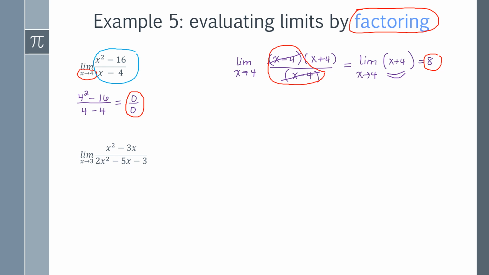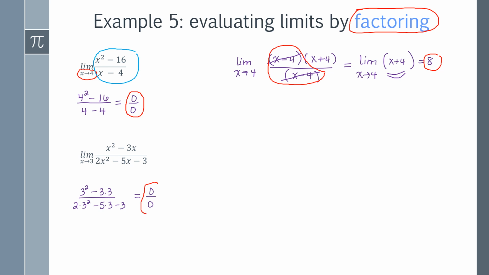Limit as x goes to 3 of the rational expression x squared minus 3x over 2x squared minus 5x minus 3. Again, if I plug in 3 for x, we get 0 over 0. You can check the arithmetic and you'll see that's what we get.